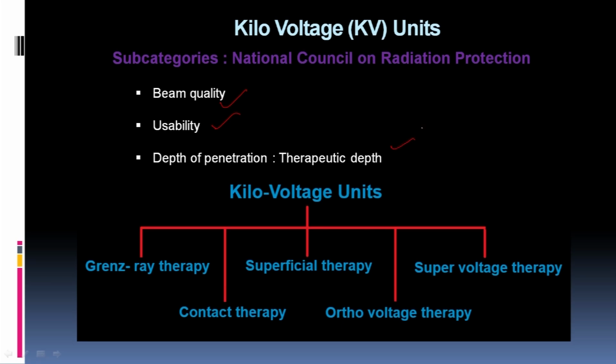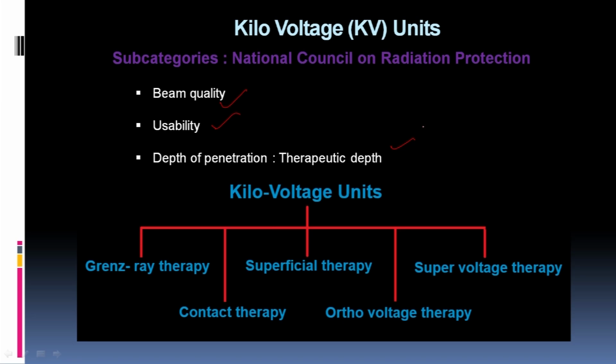into 5 categories. The first one is Grenz ray therapy, the second one is contact therapy, the third one is superficial therapy, the fourth one is orthovoltage therapy, and the fifth one is supervoltage therapy.